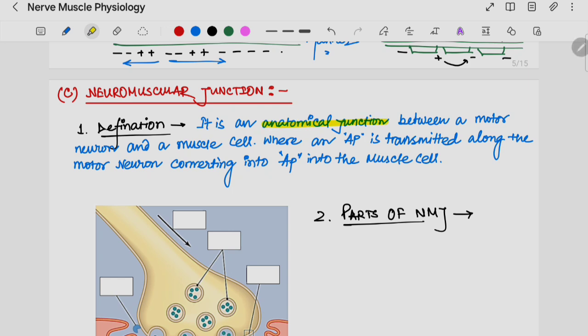So it is an anatomical junction between a motor neuron and a muscle, and the action potential is transmitted from the motor neuron to the muscle cell, right?